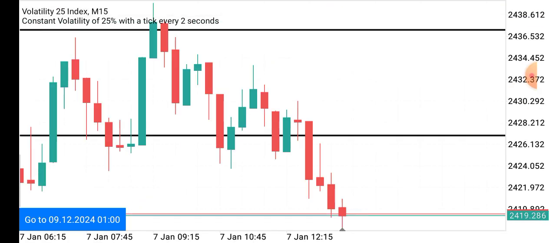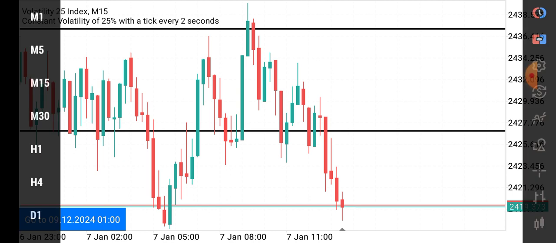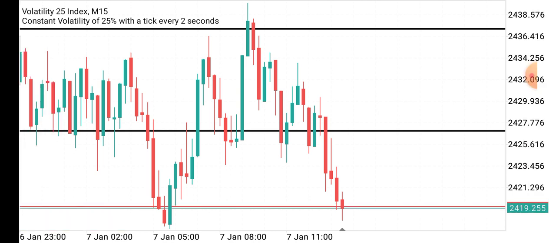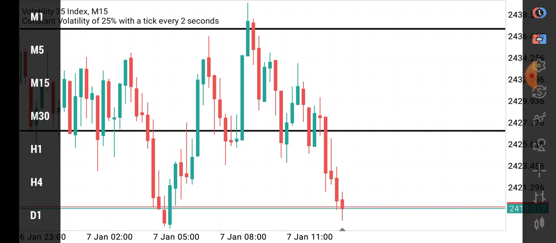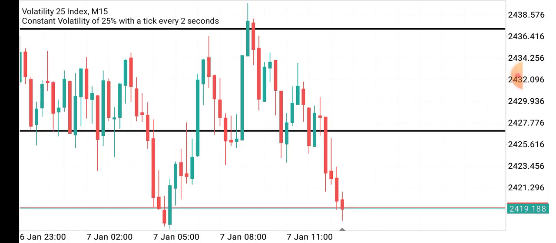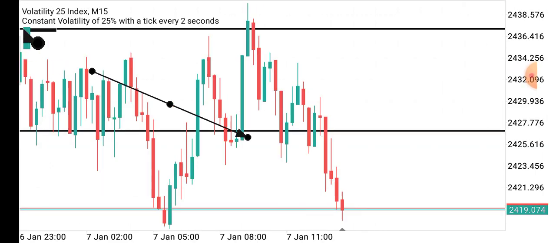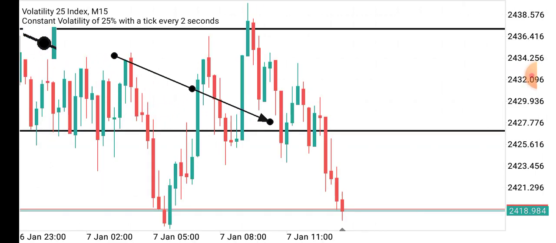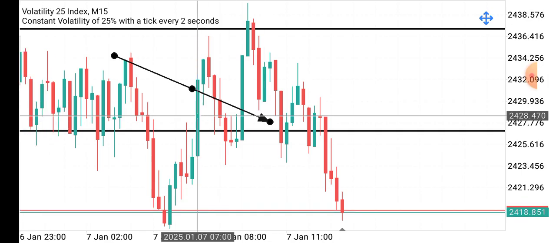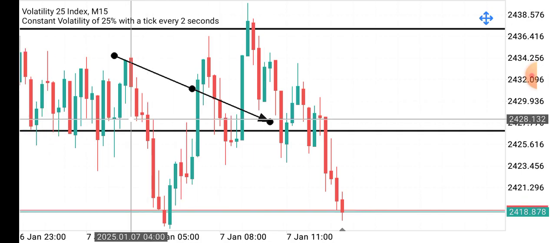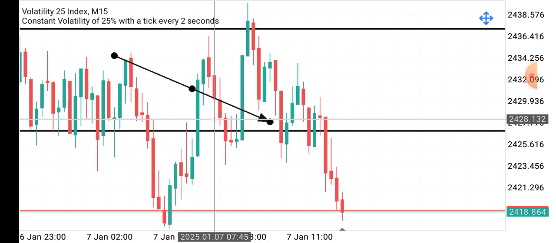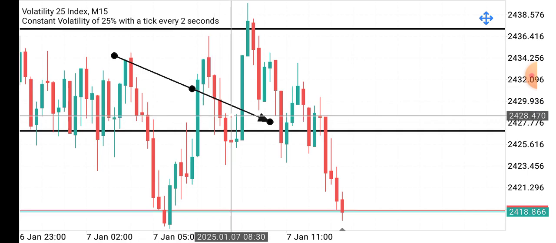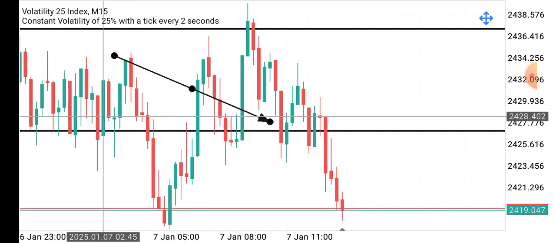You see the first black line marks where the market opened, where the previous day's candlestick closed and where the current day opened. If we trace here, I think we would find it using the crossing tool. Today is the 7th, I think. Is it today? Is it the 7th? I think yes, today should be the 7th.